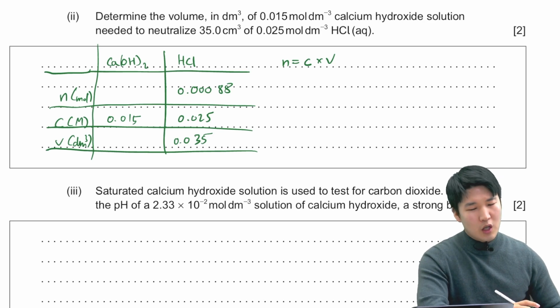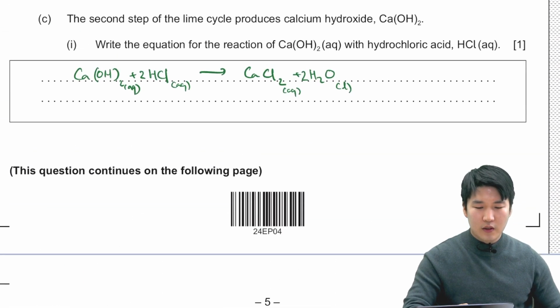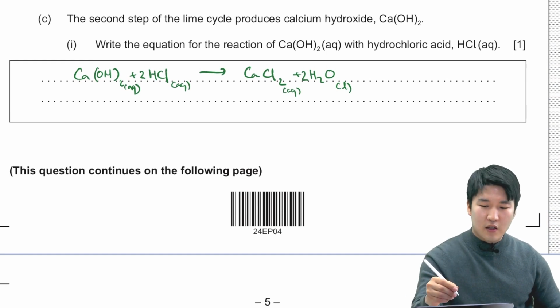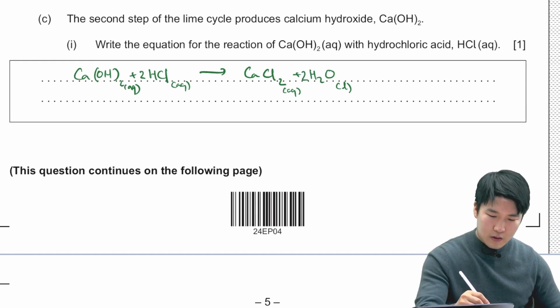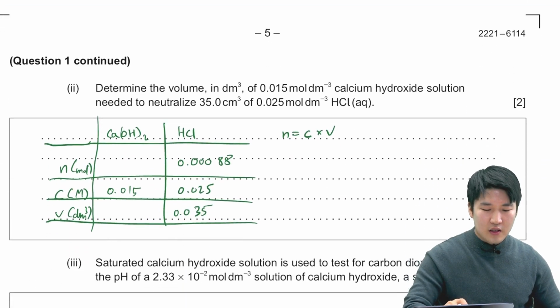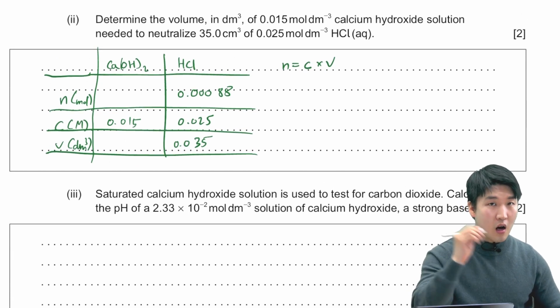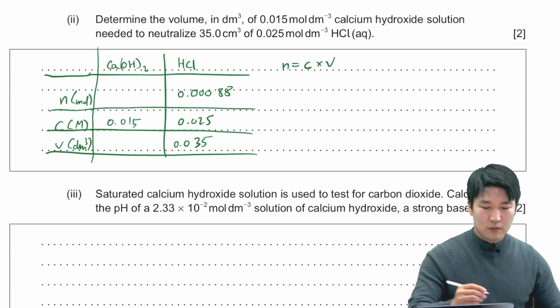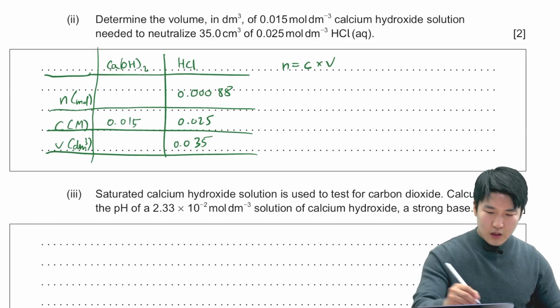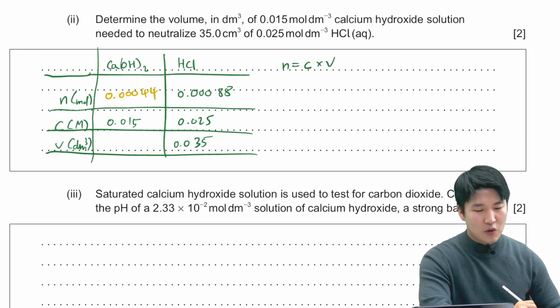How? Well, we know that calcium hydroxide reacts with HCl in 1:2 ratio. 1:2 ratio tells us that calcium hydroxide amount must be half of HCl's amount, meaning it will be 0.00044 mole of calcium hydroxide.